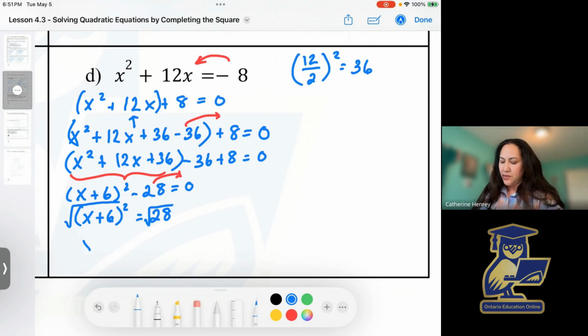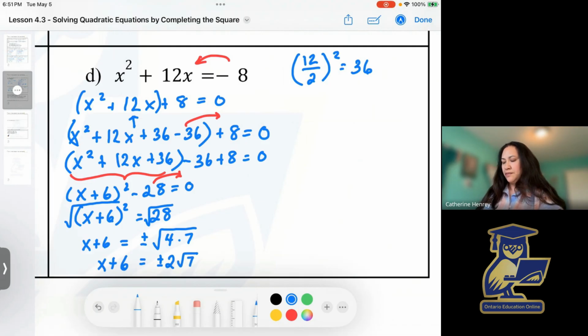So I have x plus 6 equals plus or minus the square root of 28. We can actually split 28 into 4 times 7, right? And that's a radical property, the square root property. And then I'll simplify again, x plus 6 equals square root of 4 is 2, so that'll be plus or minus 2 times the square root of 7.